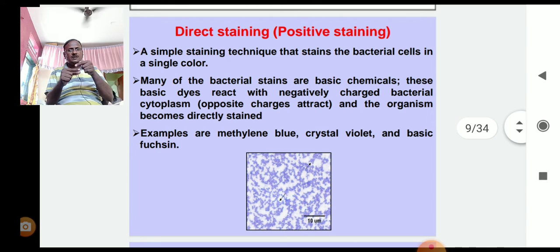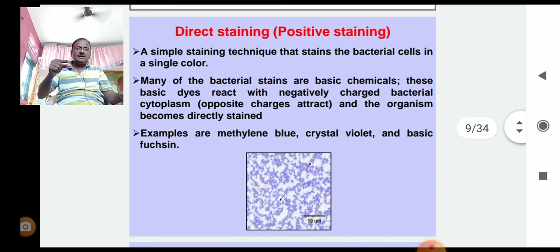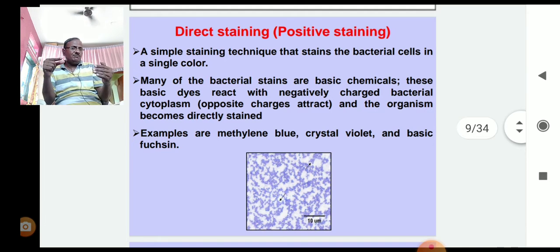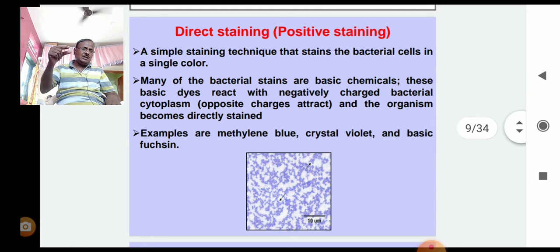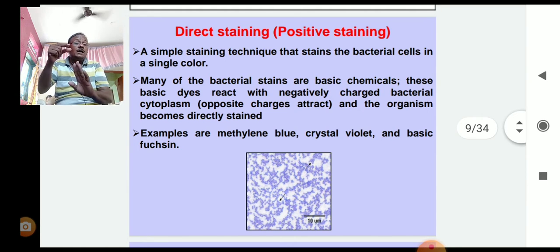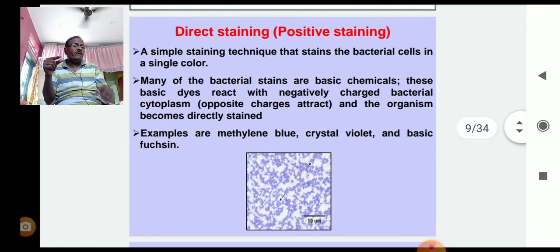Smear means you spread the sample on the center of the slide. After spreading, keep the slide in the air for air drying, or sometimes keep the slide above the gas burner for the heat fixing process.